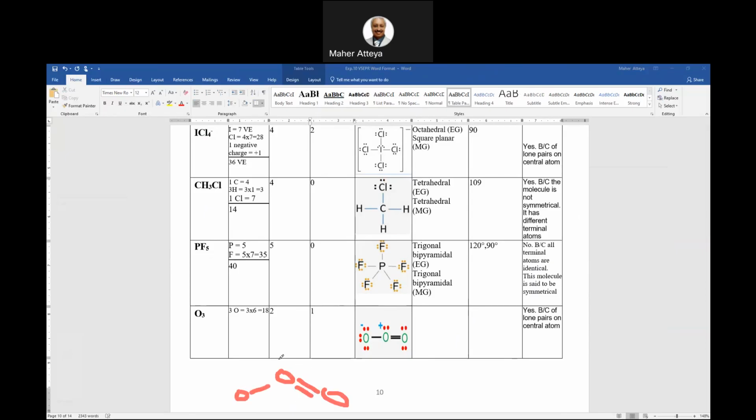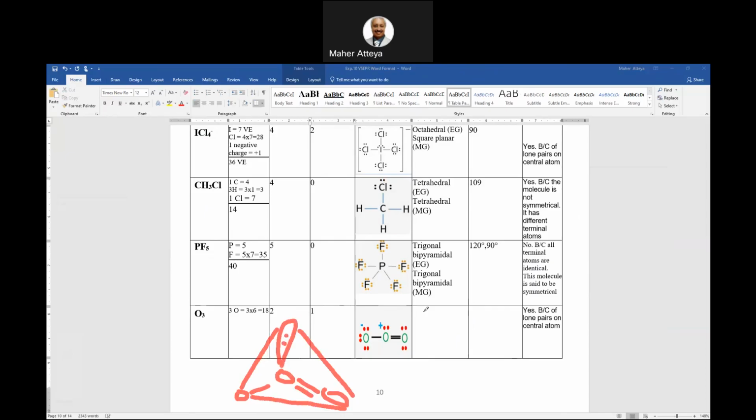However, we have here one set of lone pair. So if we look at the whole thing, if we include the lone pair, this one will be trigonal planar.